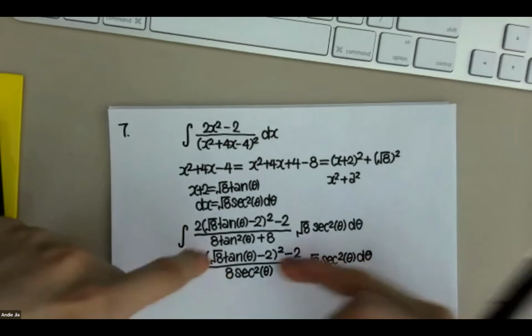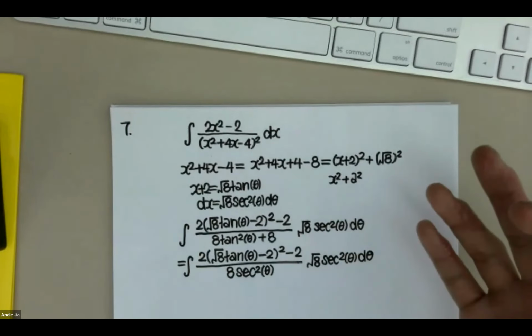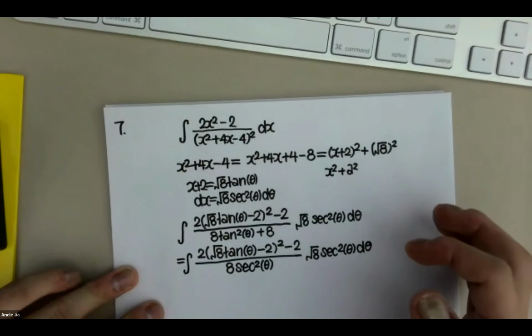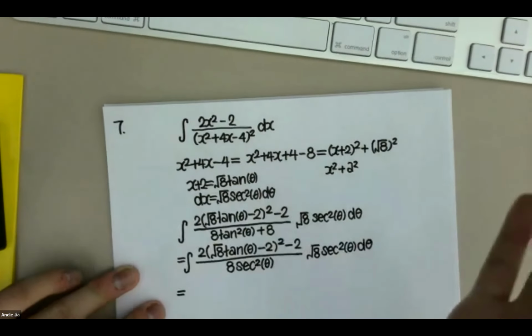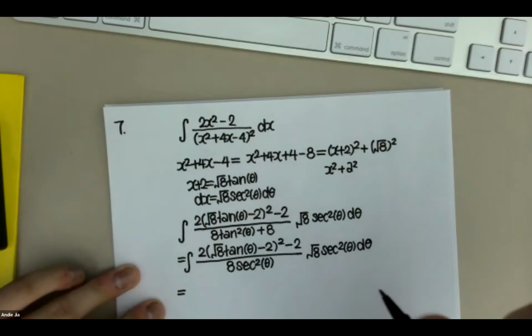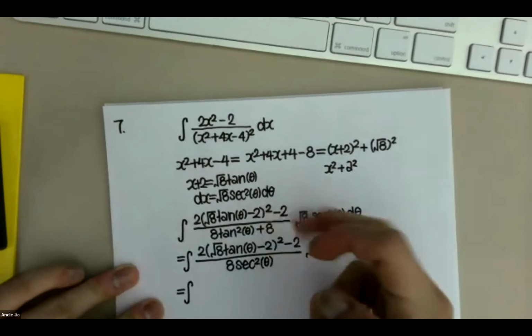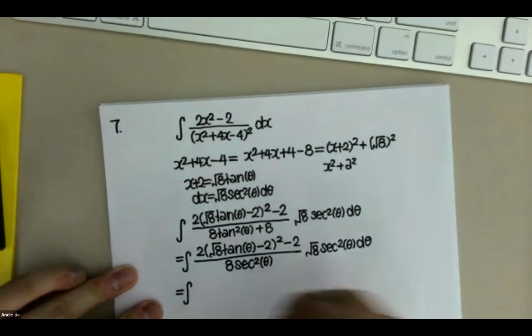And this canceled. Now we have this. Wait, I think I have to expand it. Well, never mind. I promise I will solve this problem. Trust me, I can do it. 2 square root of 8, I will leave them there.